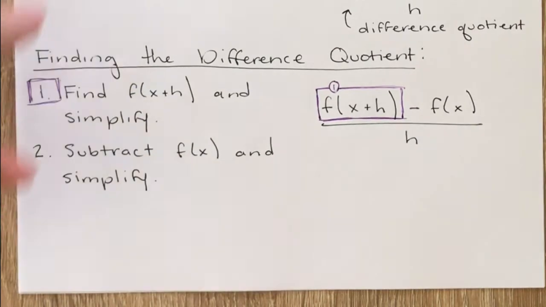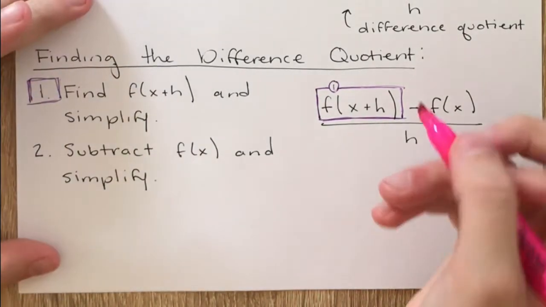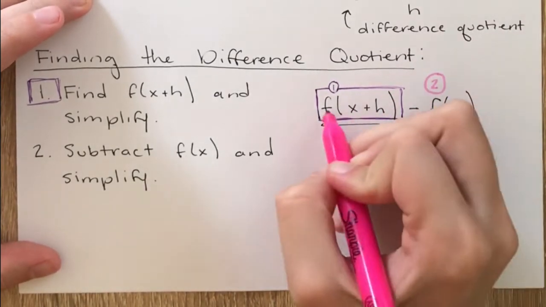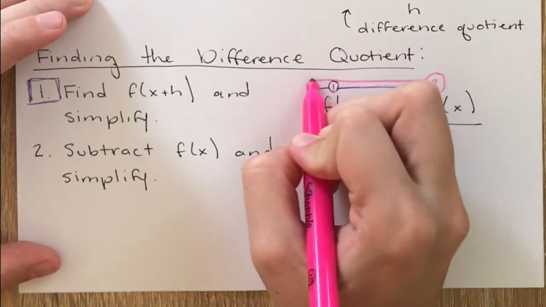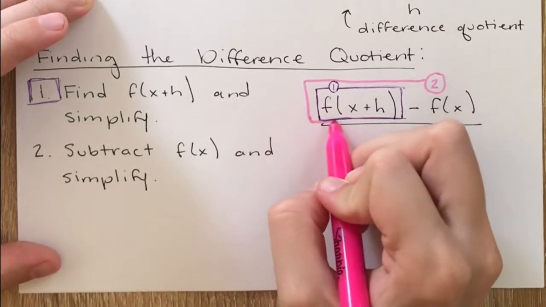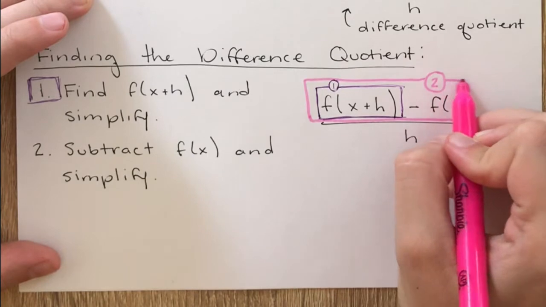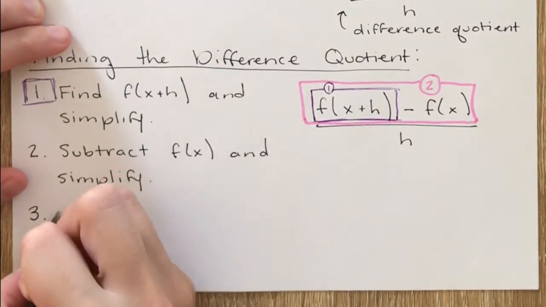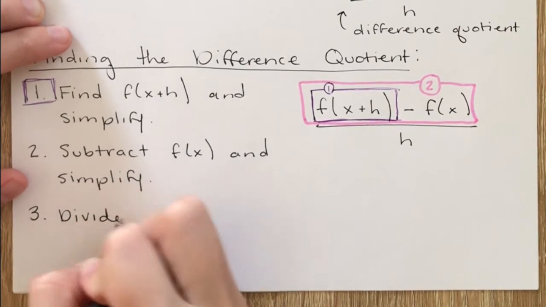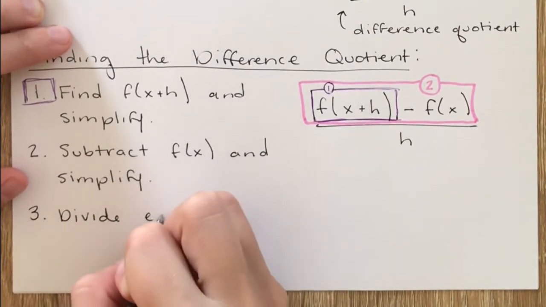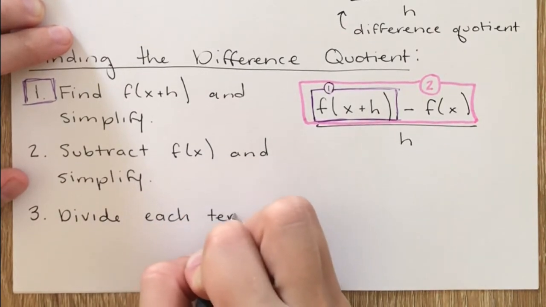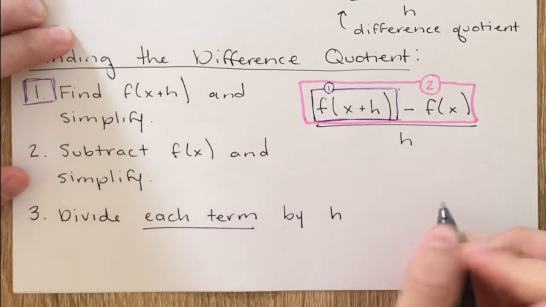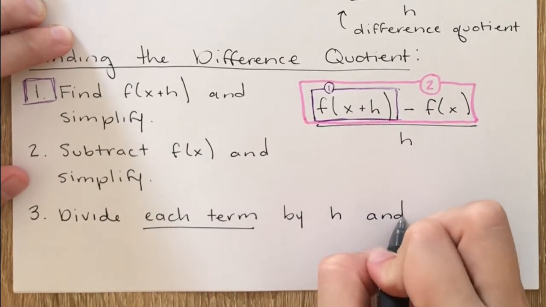So subtracting f of x, that's this part, right? We've found this first part, we did step 1, and then we subtract f of x from that first part. So that will give us this all together. And then last but not least, we want to divide each term, and I'm going to underline each term, by h, and of course, simplify.